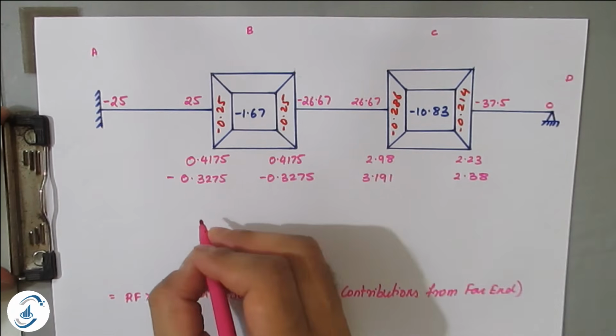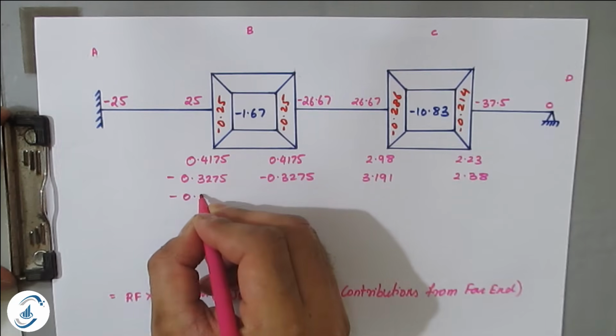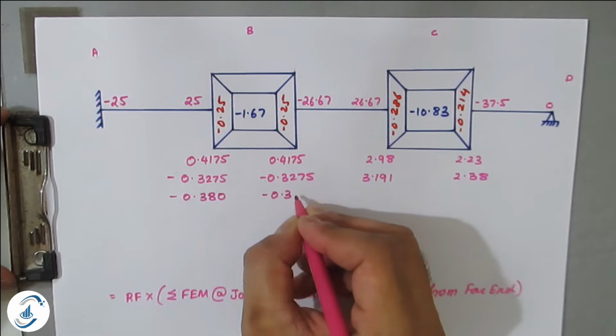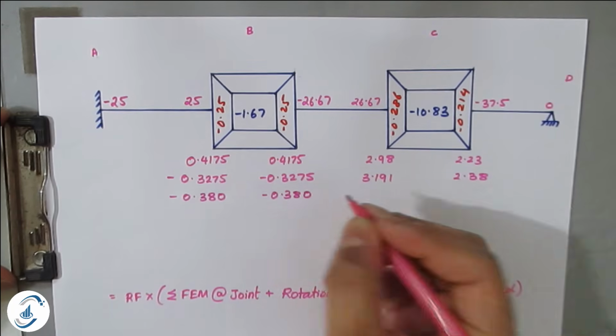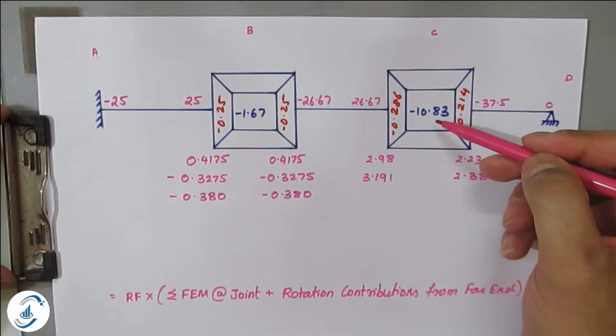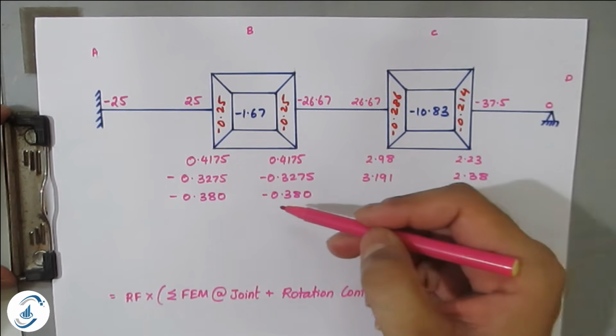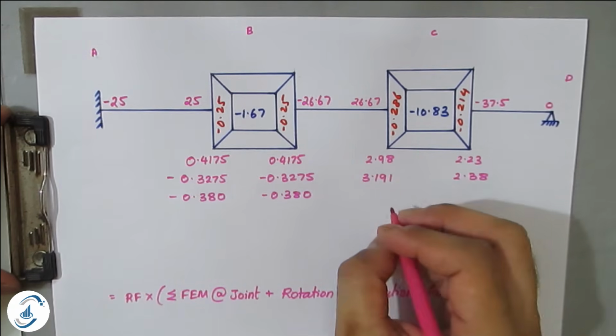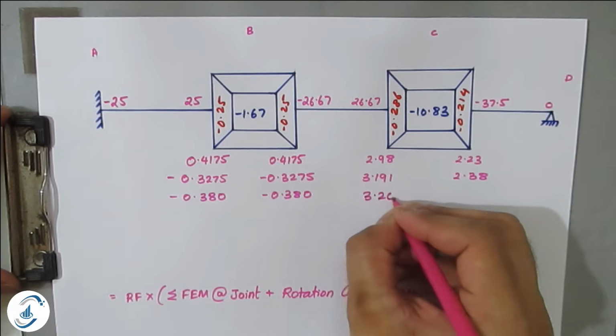So you'll get minus 0.380. This again will remain same because the rotation factor is same. Next, minus 0.286 into minus 10.83, plus here it is minus in contribution, so minus 0.380. So the value will be 3.20.